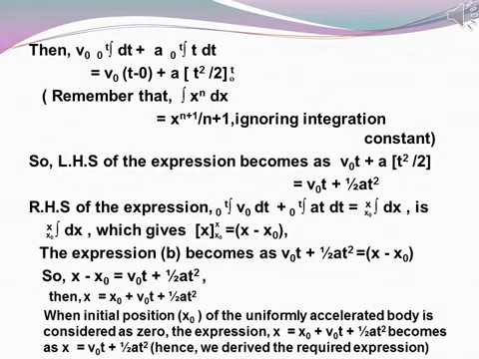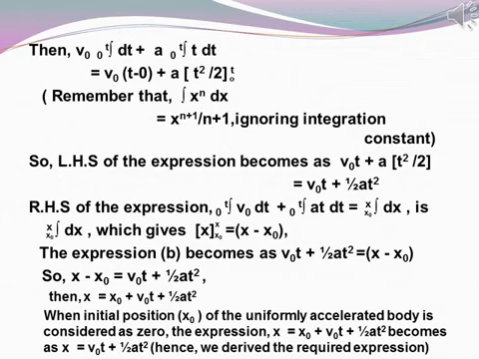So, LHS of the expression becomes v0t plus a into t square by 2, which is equal to v0t plus 1 by 2 at square. Now we have to consider the RHS of the expression, which is x0 to x integration of dx, which gives x, the lower limit is x0, the upper limit is x, which is equal to x minus x0.